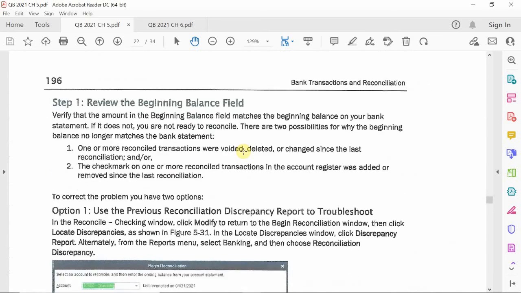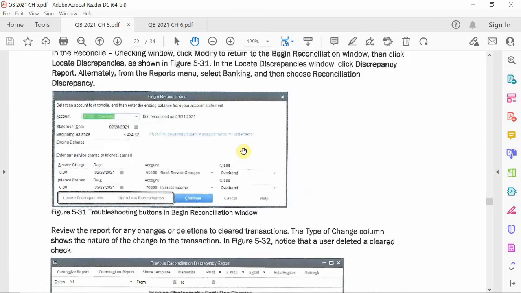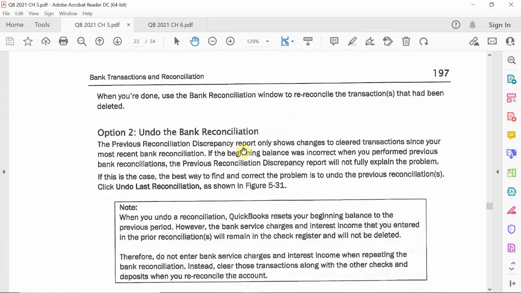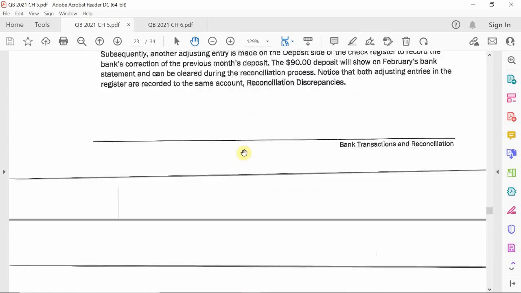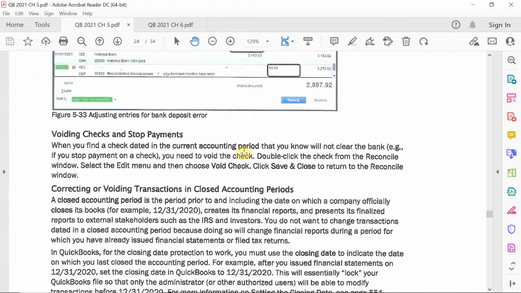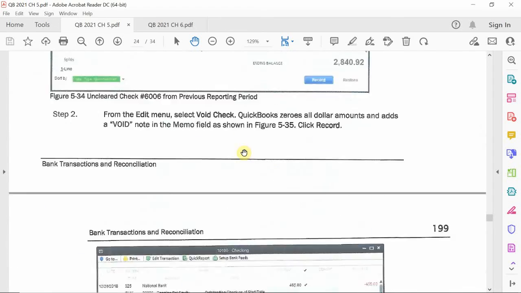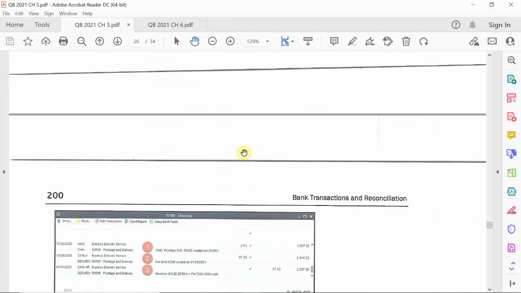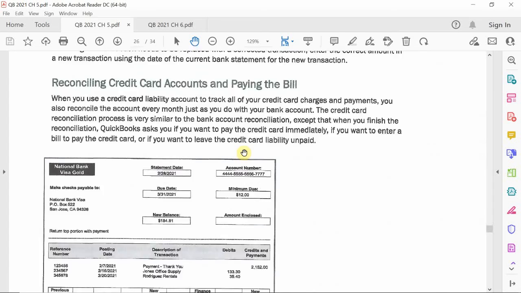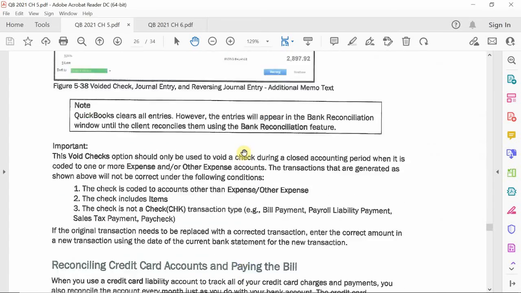So the next section I want to talk about is going to show you how to also do a different type of reconciliation, because if bank is the most common one, well, credit card is going to be the second most common one. Okay? Just let me find the page real quick. Okay, here.